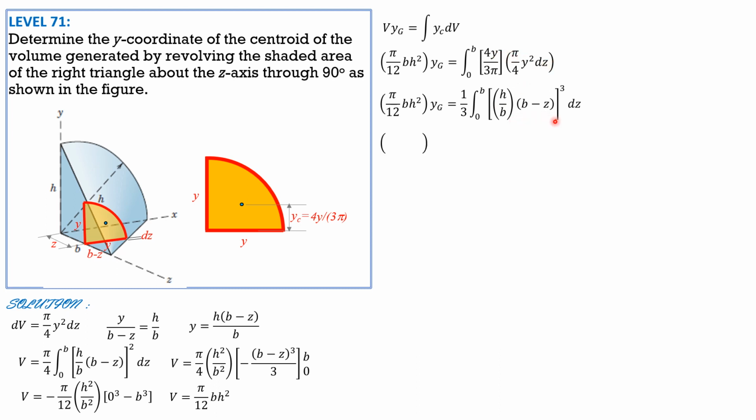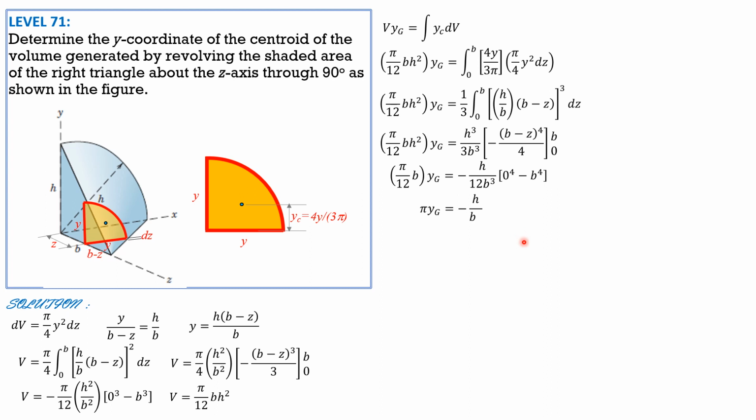Then the integral, so pi over 12 bh square yg equals h cube over 3b cube, then negative b minus z to the 4th over 4, the integral of b minus z cube dz. So substituting pi over 12b after we cancel out h square, yg equals negative h over 12b cubed, then upper limit 0, b minus b, so 0 to the fourth, then b minus 0, so minus b to the fourth.